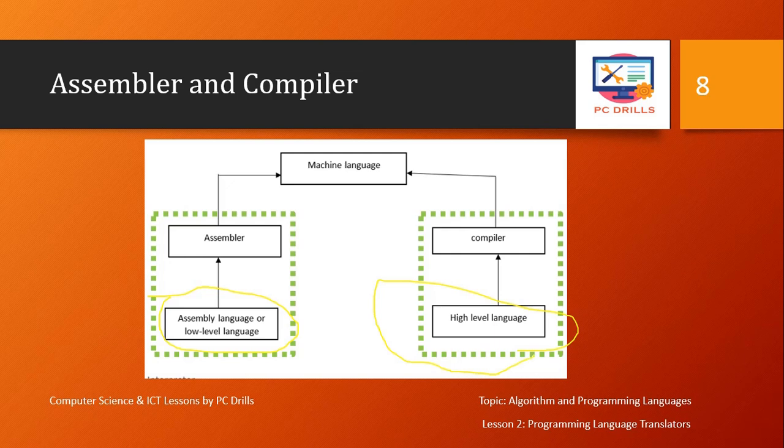And when you write it with a high level language, you will need a compiler to be able to translate it. So if you are a programmer and you deal with either of these levels, whether the assembly language level or the high level language, for example C, C++, Java, and many others, you're dealing with a high level language.